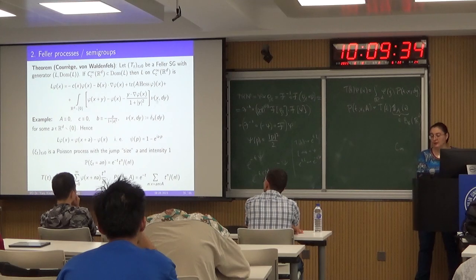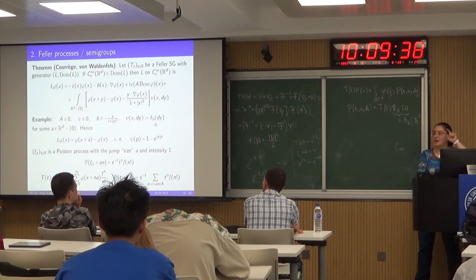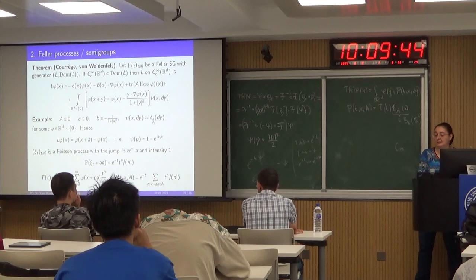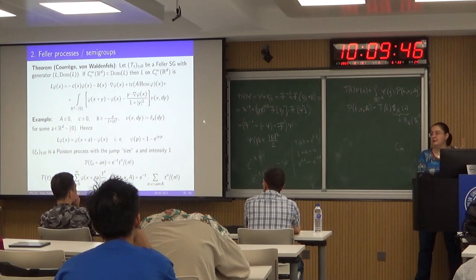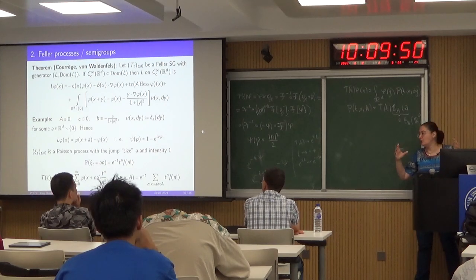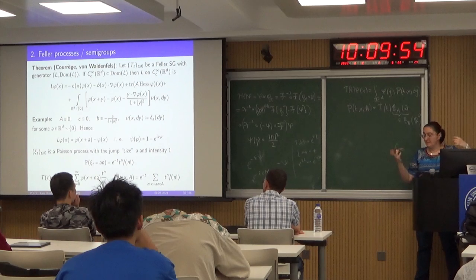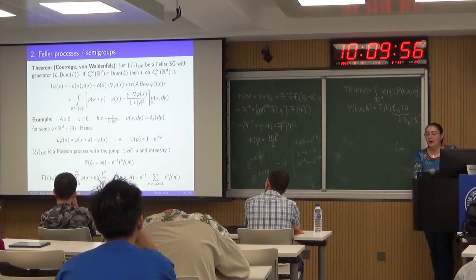So each point A corresponds to its particular Poisson process which makes jumps of size A. If I take as nu a linear combination of, say, delta at point A and delta at point B, then I obtain a kind of mixture of Poisson processes making jumps A and B. Yeah? So actually all bounded measures can be approximated by linear combinations of delta functions.